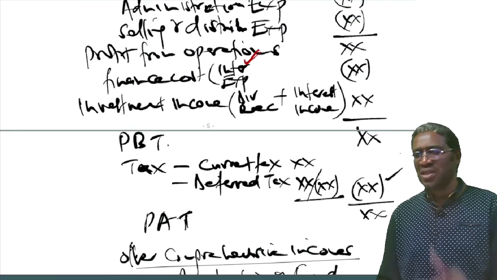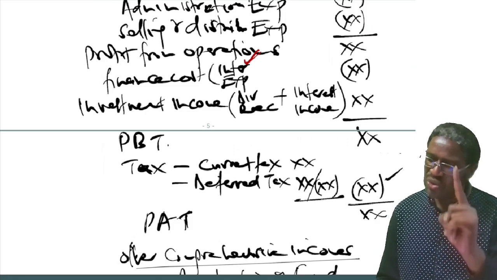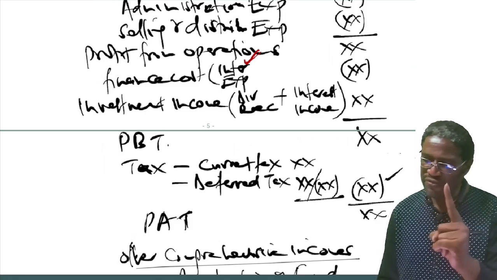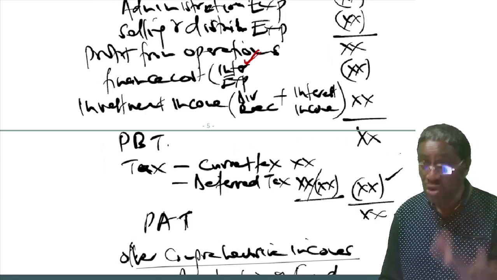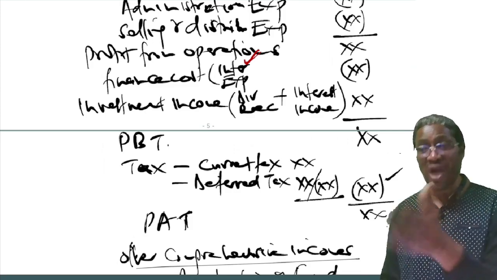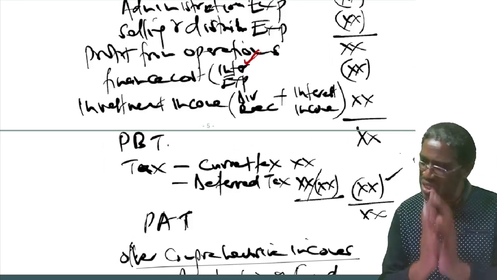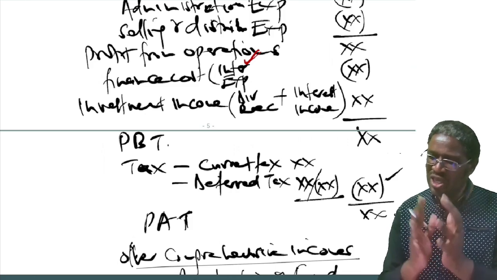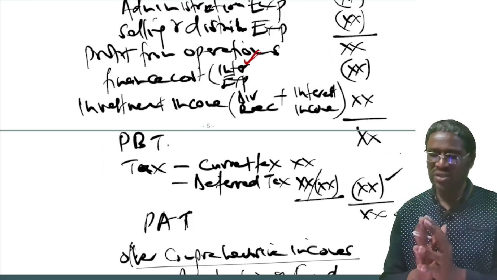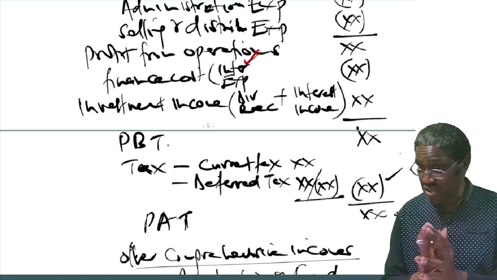Now, your company, listen to this now. If your company issued a redeemable preference share, they were borrowing. They were not raising capital not to repay. They were borrowing to repay. So it means, therefore, listen, the cost of borrowing, when it is debenture, is interest.